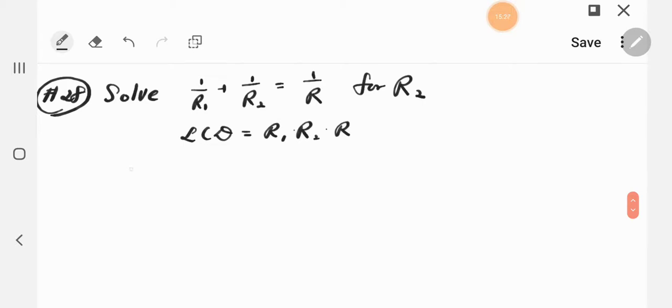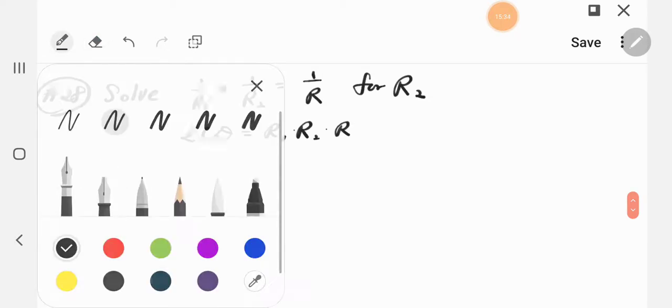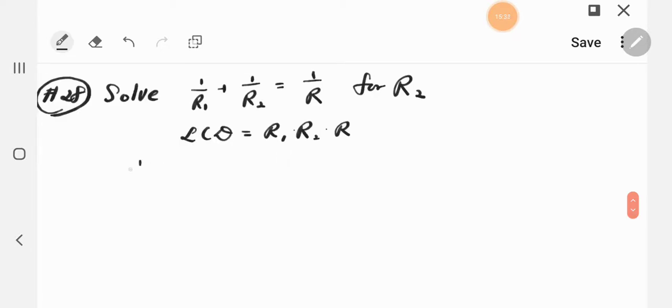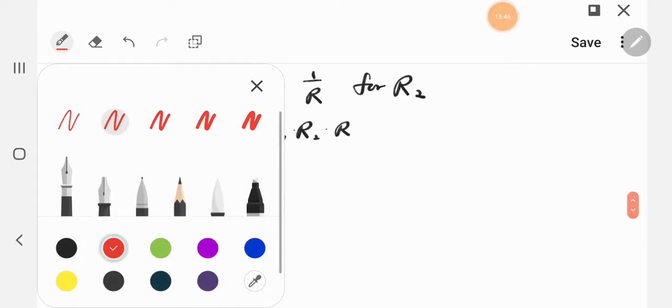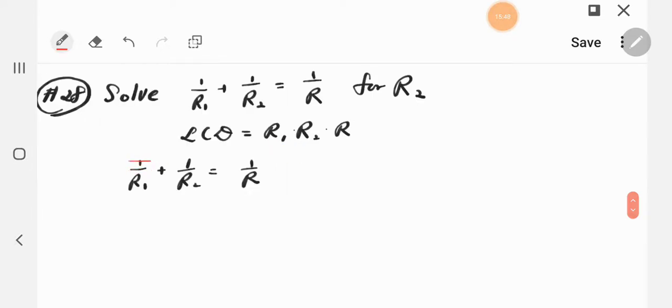Let me write the equation first: 1 over R1 plus 1 over R2 is equal to 1 over R. From this equation, let's multiply R1, R2, R on each side.